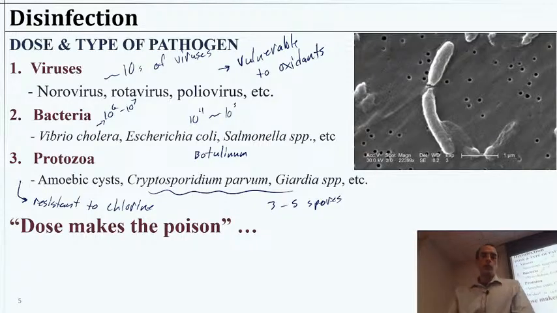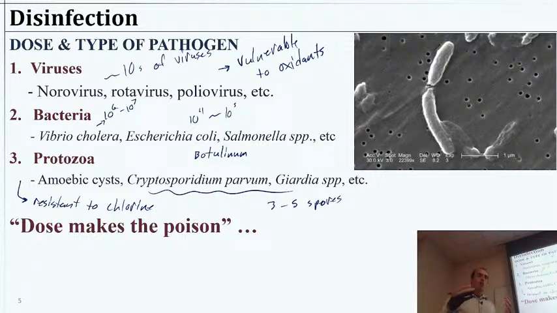And overall, the picture here for both killing them and for them attacking us is the dose makes the poison. Okay, that's a common phrase. Forgot who popularized it, but if you ingest something and it's not enough to make you sick, was it really poisonous? Was it really infective?